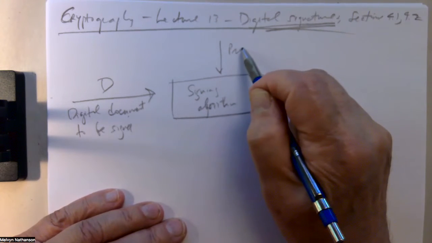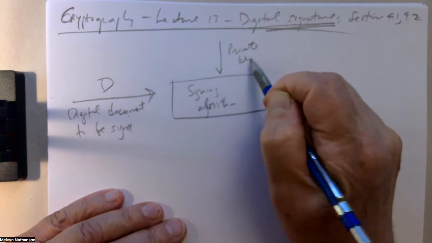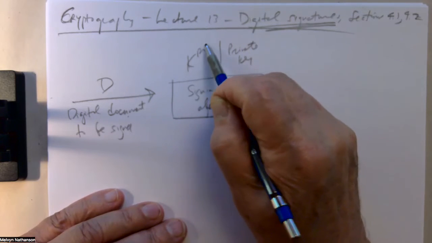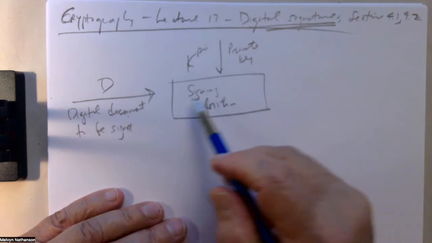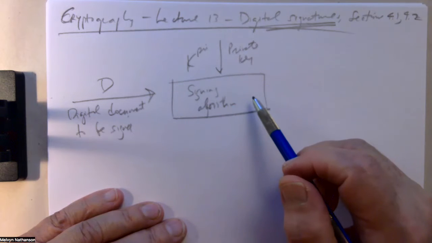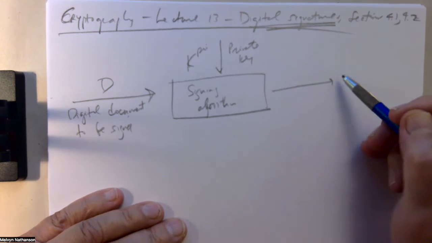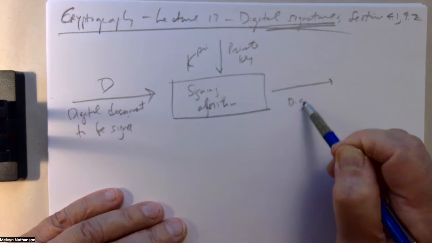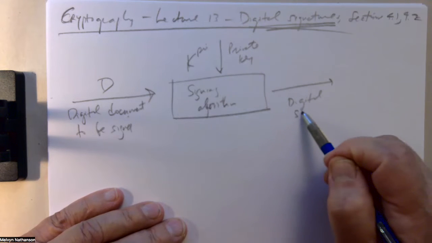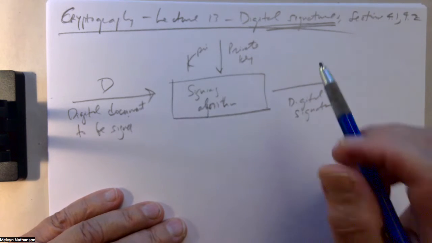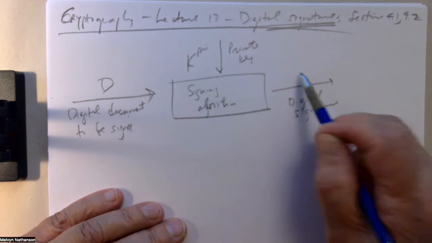So there's some private key, which only the signer has. We'll call it capital K, PRI for private. So this document is signed by the signer, and what comes out is the document with this digital signature. Or let's say the digital signature is separate from the document. So we'll call that DC.